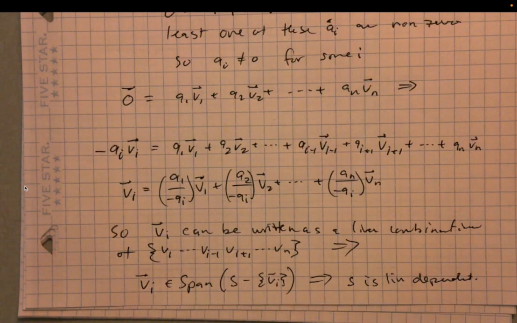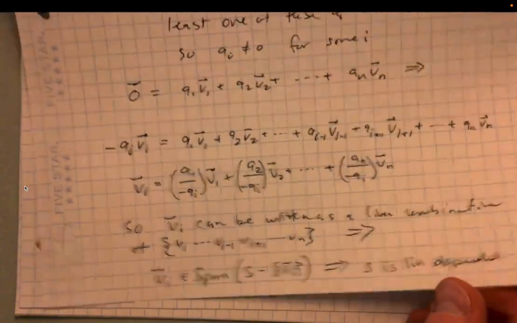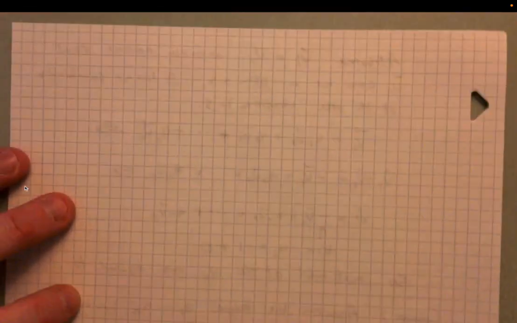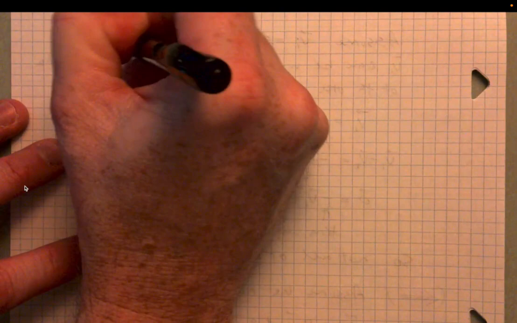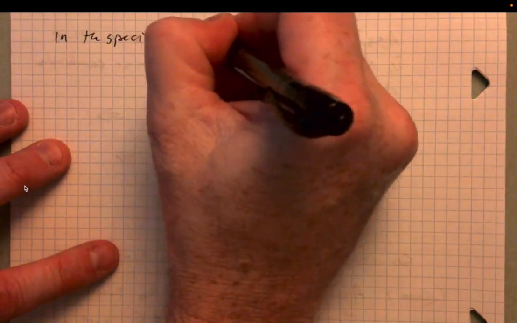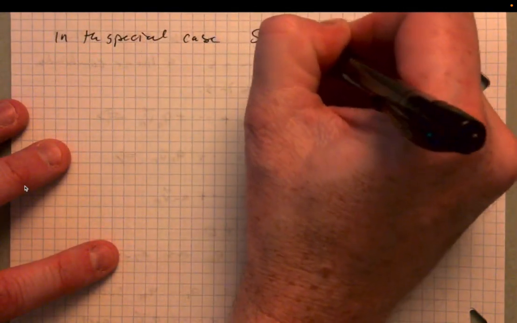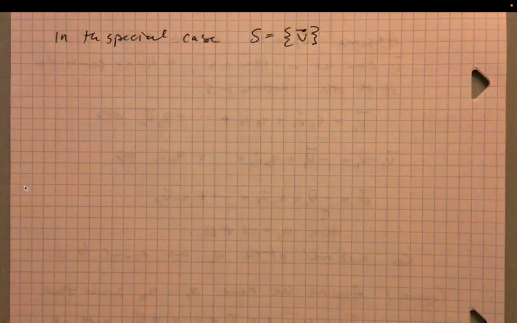All right. Okay, and so that's case 1, kind of the hard case, where S is greater than or equal to 2. Let's consider the other situation that can occur. So in the special case where S is equal to a simple one single vector, well, we know that S is linearly dependent if and only if the vector in S is the 0 vector.